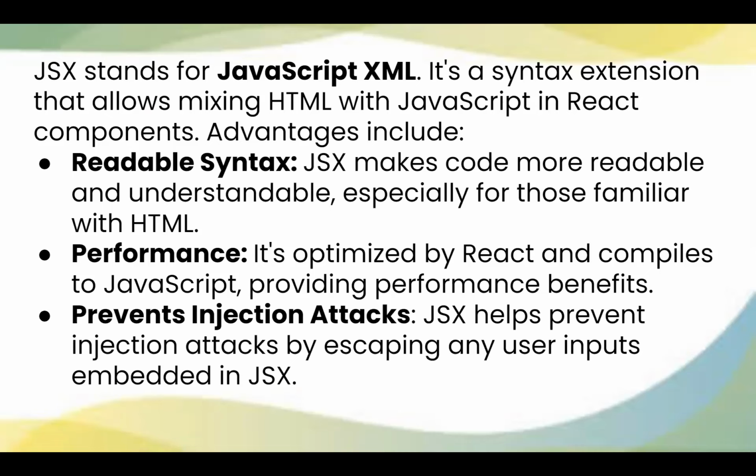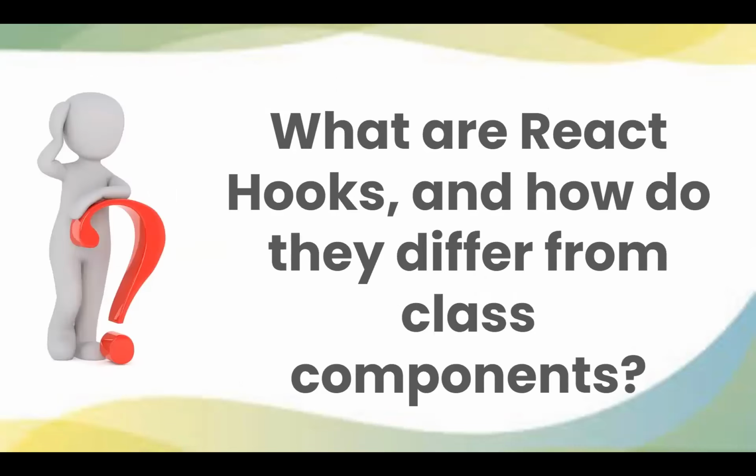Secondly, whatever code we write in React in JSX, it compiles to JavaScript with something called Babel. We will be dealing with Babel later on, but for now you can remember that something called Babel will compile it to JavaScript and provide the performance benefits. Thirdly, and most importantly, it prevents injection attacks, so that whatever the user has input, embedded in JSX, can be escaped.